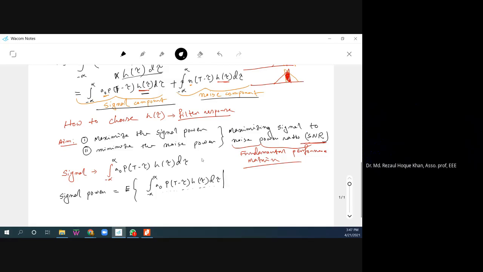We want the absolute value, so the square of that absolute value and the expected value of that square will give us the signal power.